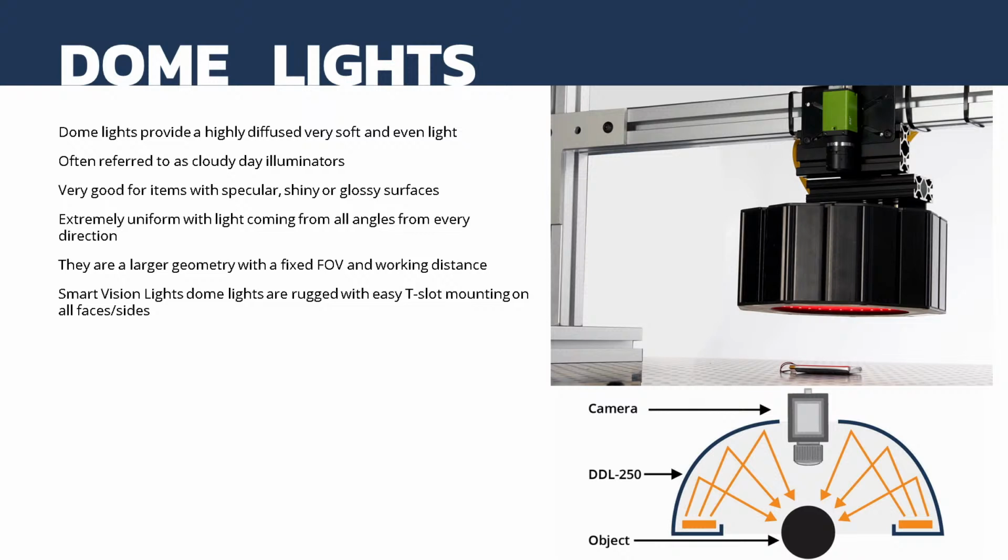So usually the dome light is down within a few inches of your object, and your object is within that inscribed area. In particular, Smart Vision dome lights then, as you can see from the image, are inside a metal housing with T-slots on all sides. There's 16 T-slots around most of our lights for mounting, so you can grab them firmly from one side, grab them from opposite sides to reduce vibration, and in all cases they're enclosed in metal to be strike resistant.